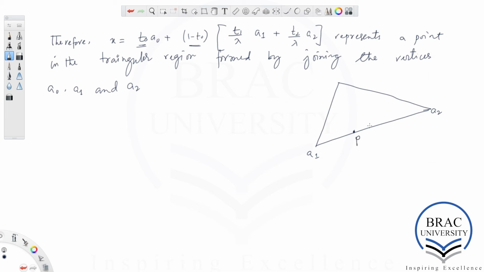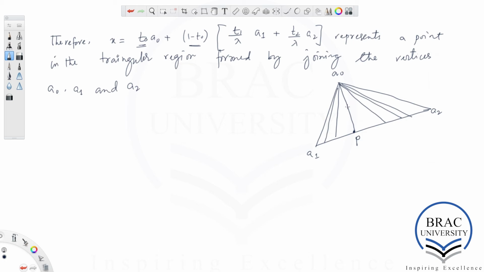Okay, denote that point by P, and the point A0 is just opposite to this line segment joining A1 and A2, and we consider all such line segments as we keep varying P along this line segment joining A1 and A2.